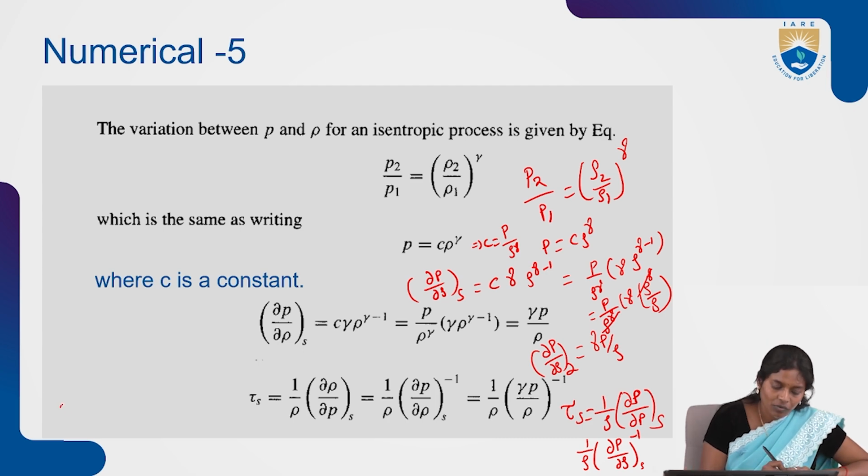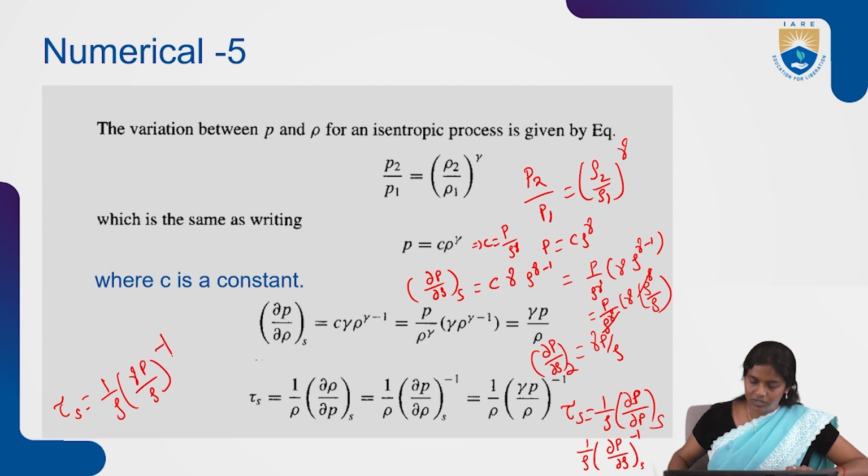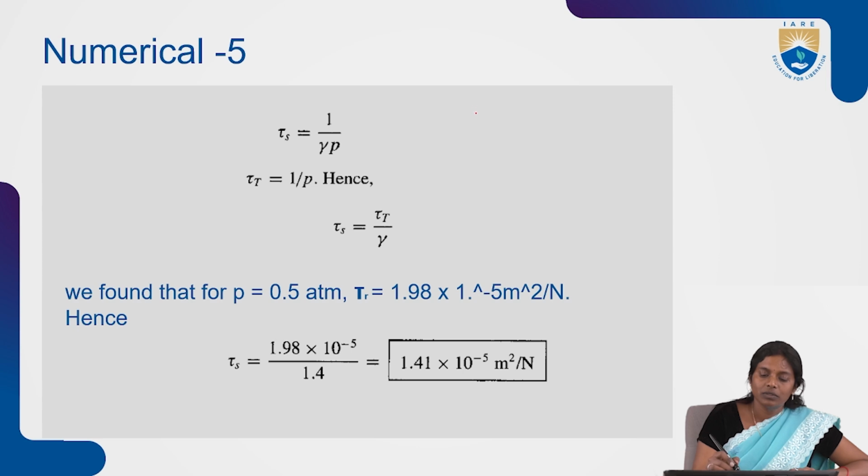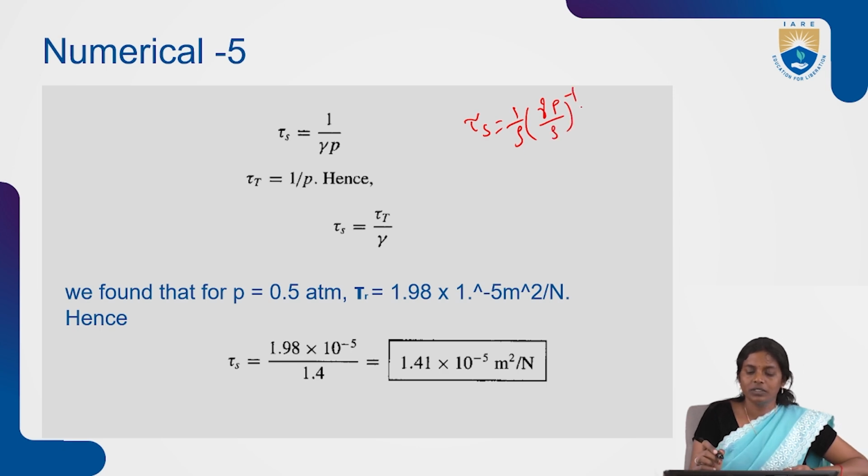So further tau s is equal to 1 by rho into (gamma p by rho) inverse, right? So now tau s is equal to 1 by rho into (gamma p by rho) inverse.